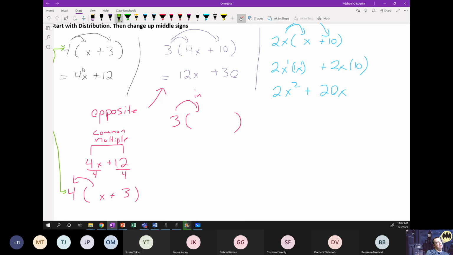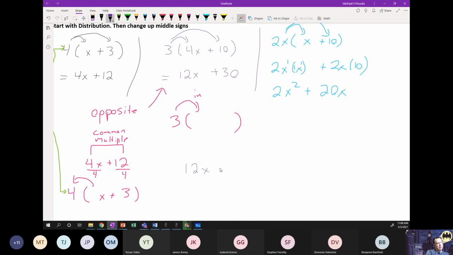One, we put the 4 in to get this equation. In this equation, we took the 4 out to get this one. Do we see kind of what I just did? A little bit?